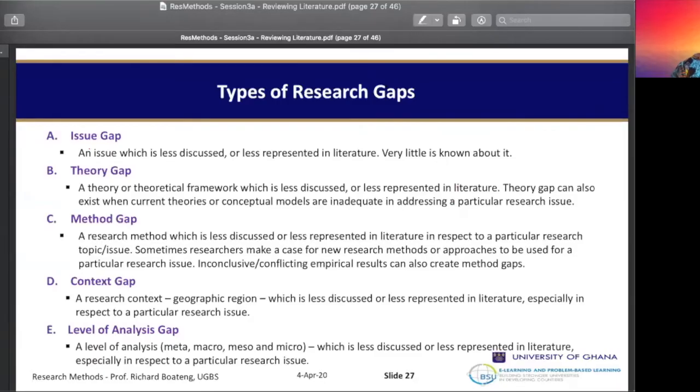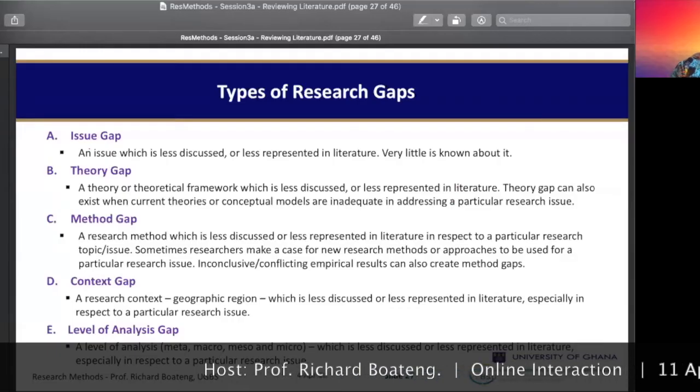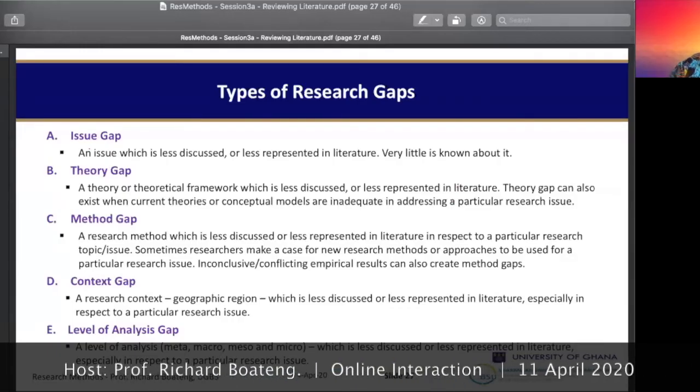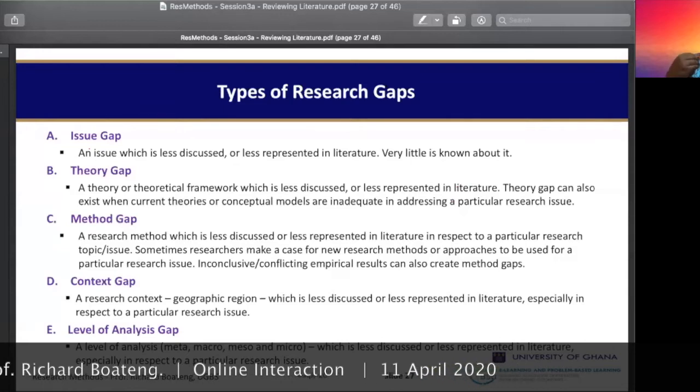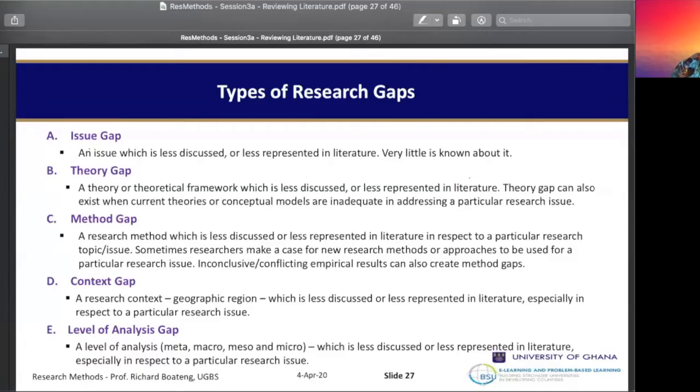Let me give an example. You may use a particular model in existing research, but it gives us only some type of answers. If we want to look at other views, for example, if somebody is looking at factors that influence productivity in the workplace and looks at only the economic factors, you may realize that those can be addressed, but there could be other factors such as the design of the job and the supervisory relationship.